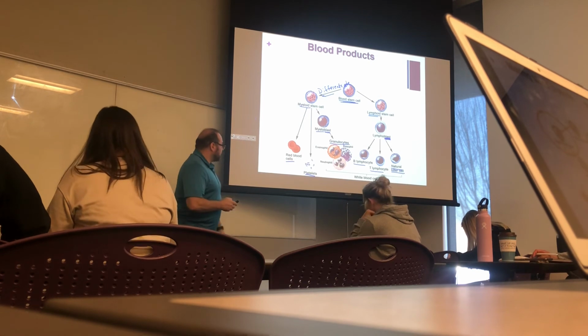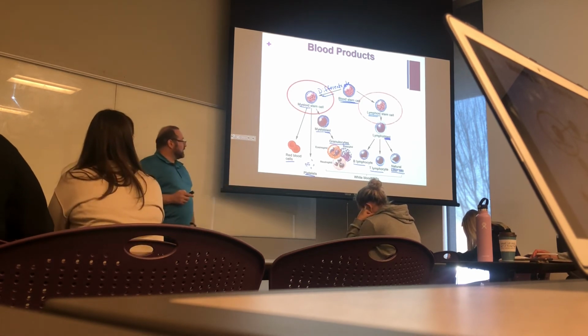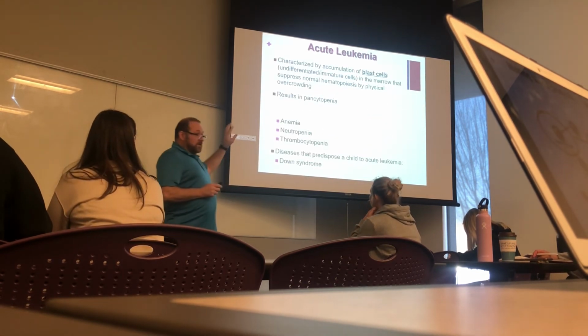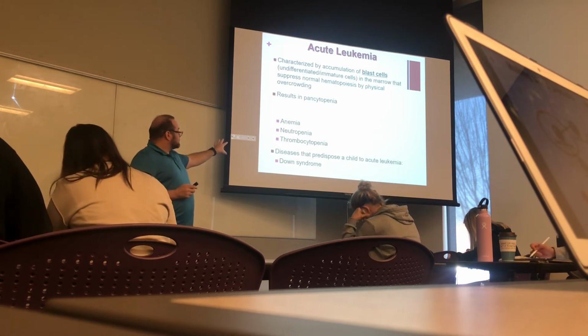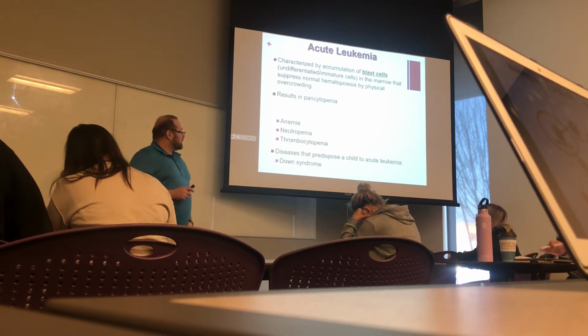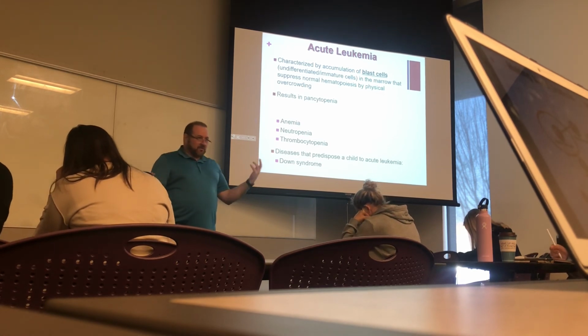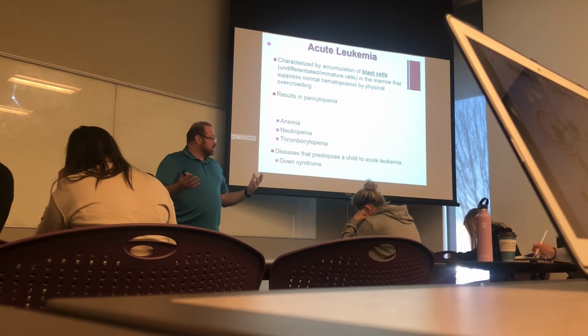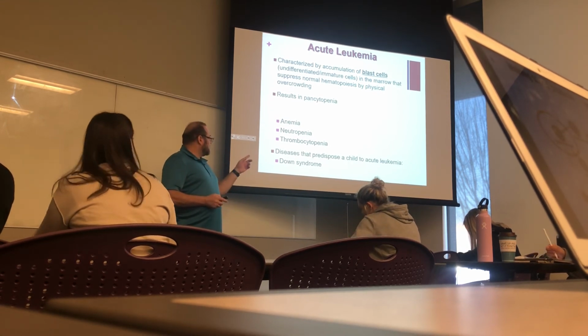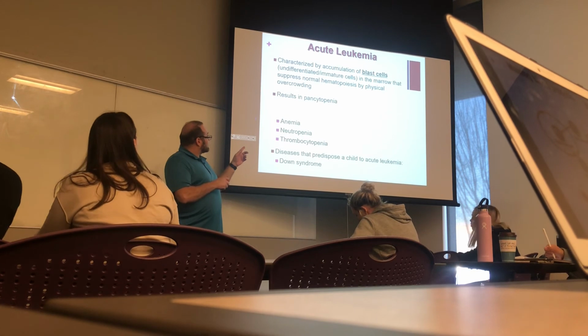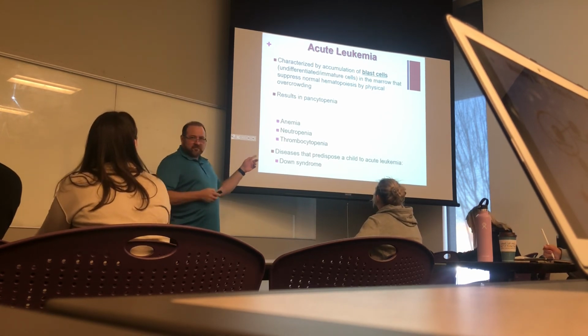Okay, so before you go too far into that, let's go to acute leukemias and talk about what happens with that. Again, not necessarily myeloid or lymphoid leukemias, but just acute. Oh, the other thing I wanted to point out is this says right here, the accumulation of blast cells, right?